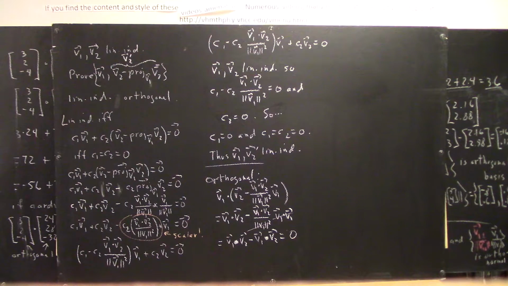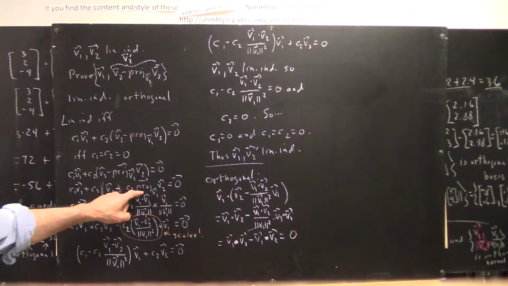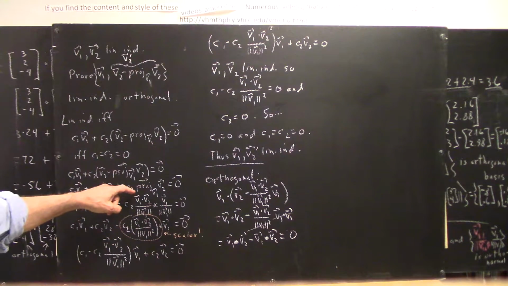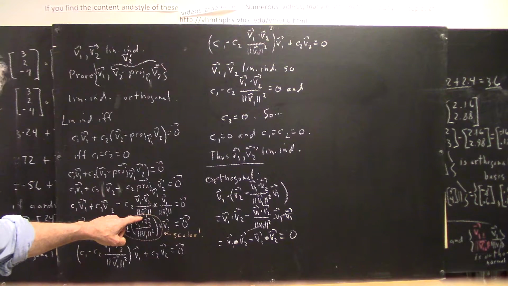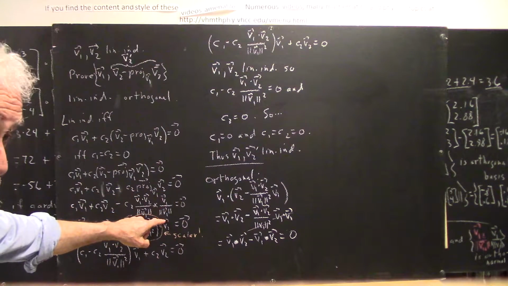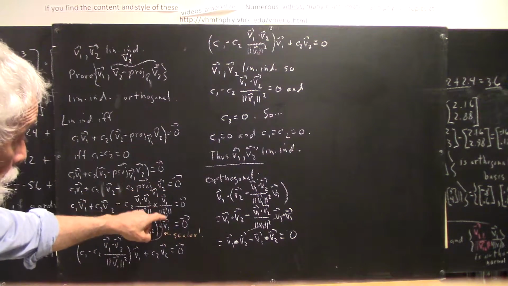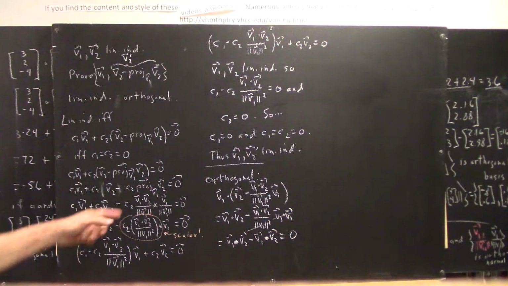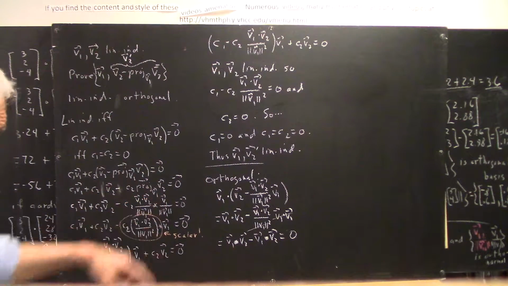Well, let's write out what the projection on V1 of V2 is. Remember, it's V1 dot V2 over magnitude of V1, the scalar projection, multiplied by V1 over magnitude of V1, the unit vector in the direction of V1. So we have this. And now we see that this projection is a multiple of V1.